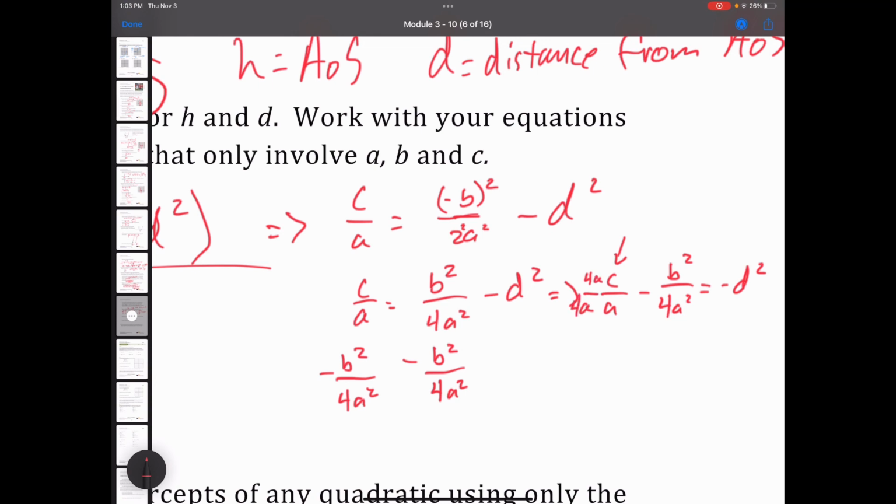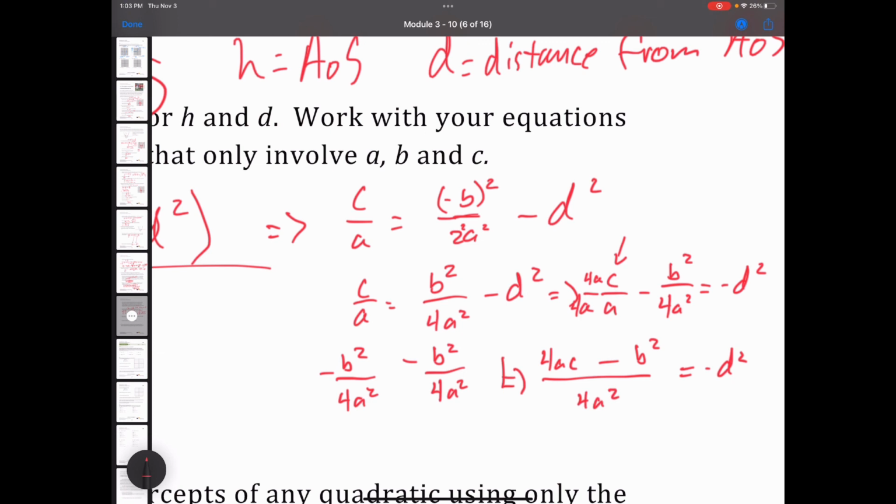So I get 4ac all over 4a squared minus b squared all over 4a squared, equals negative d squared. Because these have the same denominator now, since I just made common denominators, I can put them all over just 4a squared.